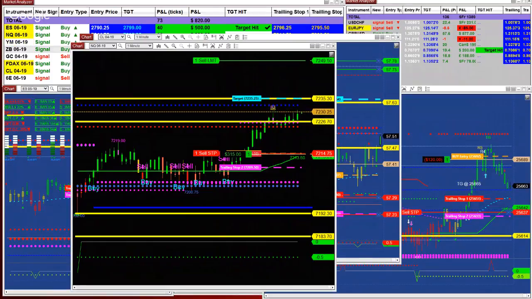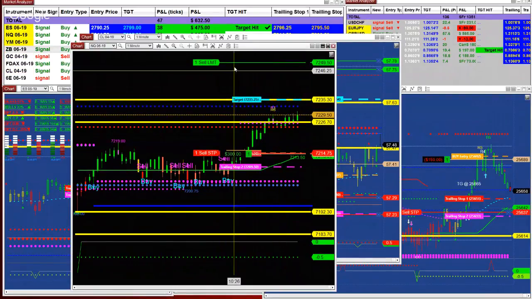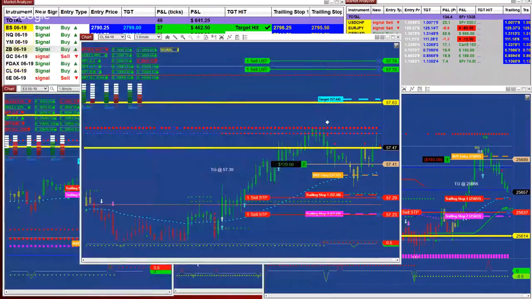We need to put an order here. So this is around $300 on that trade.